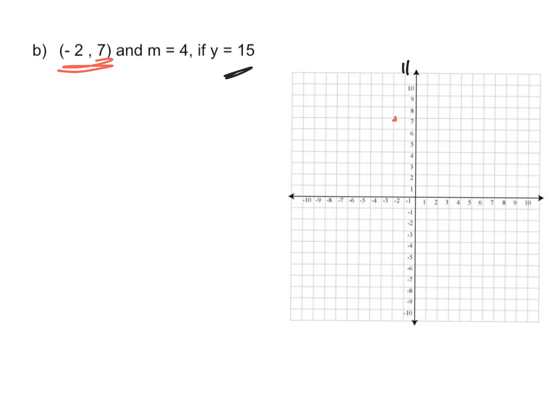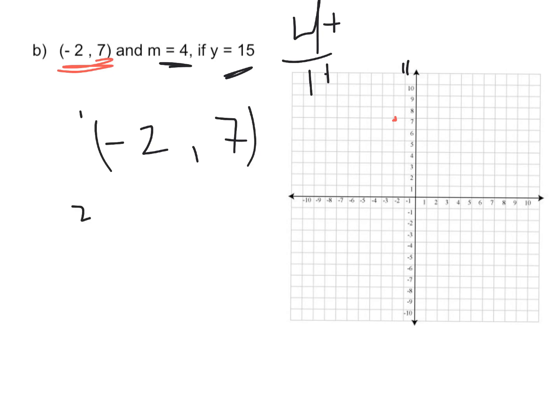So what I'm going to do, though, is we can also do some thinking here. Okay, so negative 2, comma 7. We know that this is rise over run, right? So we know that we're going to do 4 over 1. We're going to add 4 to the y and add 1 to the x. This is my first point.